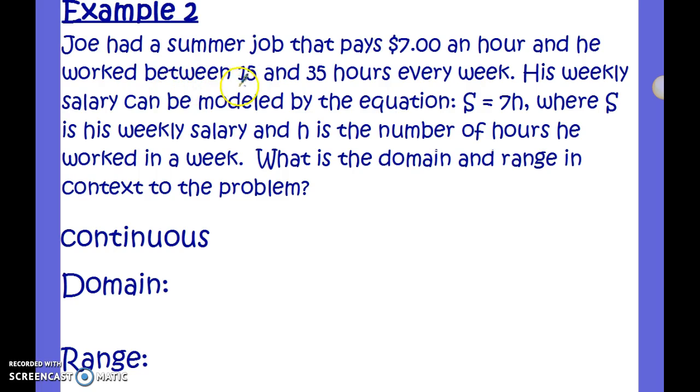In this sentence, it tells me that I worked between 15 and 35 hours every week. So that is going to be my domain. My domain is going to be 15 to 35 hours. So when I write it, I'm going to write 15 is less than or equal to X is less than or equal to 35. I use my inequality notation because I have continuous data.